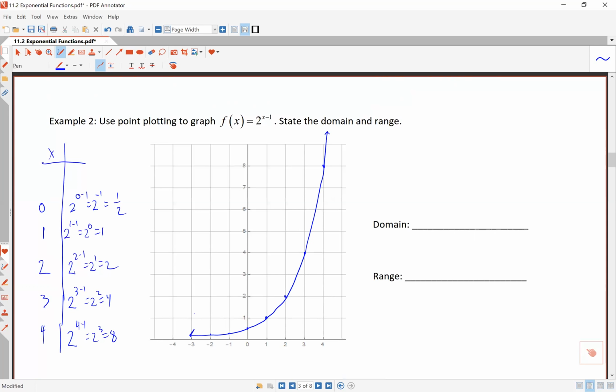So what you see there is that we shifted the graph over 1 to the right from the original one. The domain is all real numbers. The range is still greater than 0.